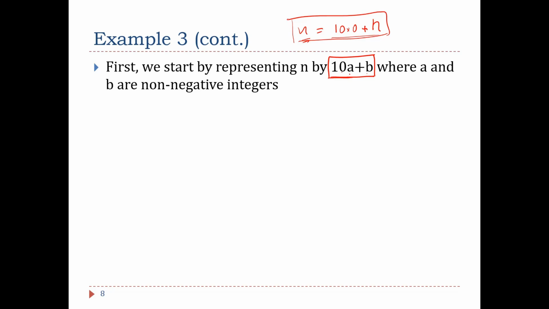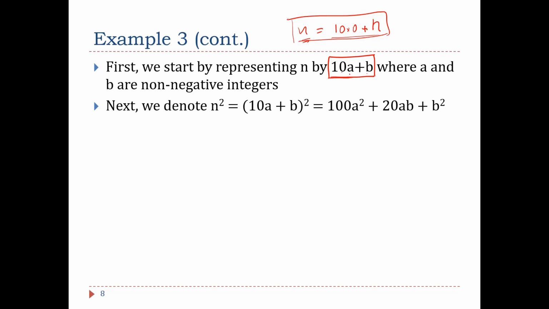So it's quite obvious. Now when you think about n squared, no matter what that n is, you will find that it's equal to 100a squared plus 20ab plus b squared. Just think about this.